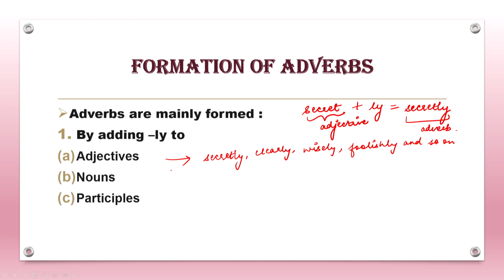Now, next, by adding ly to nouns. For example, month. So, month is a noun, and if we add ly to it, we will get monthly, which is an adverb.